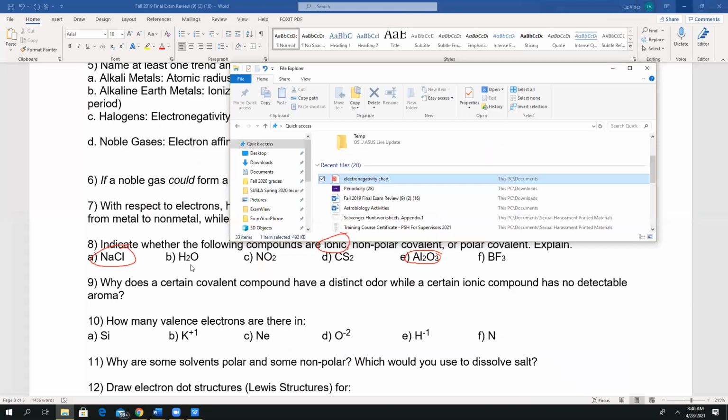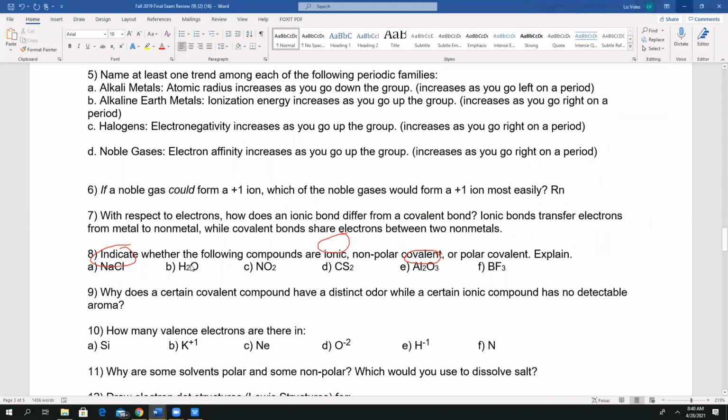Did you see that? Okay. So in order to do that, you've got the 3.5 for the oxygen and 2.1 for the hydrogen, right? Which gives you a difference of 1.4.